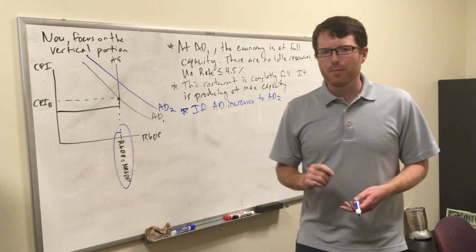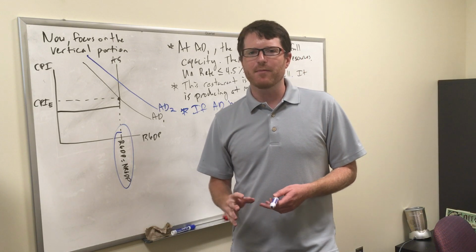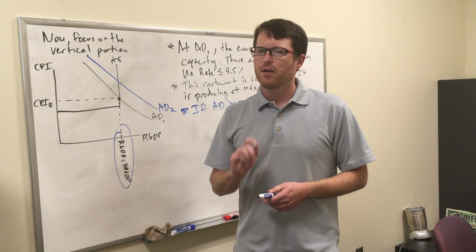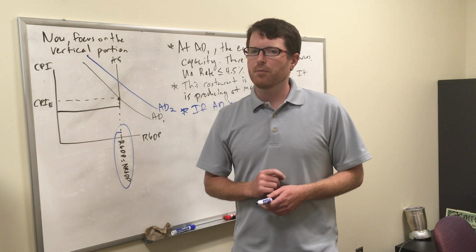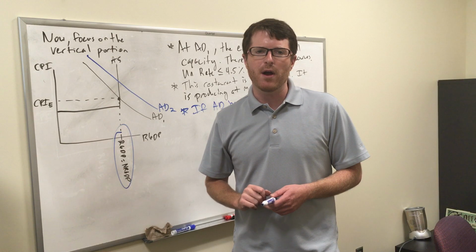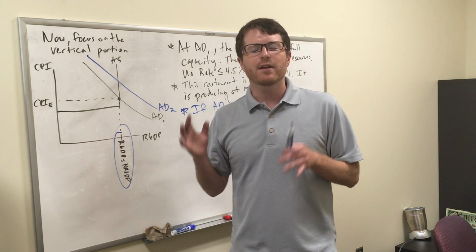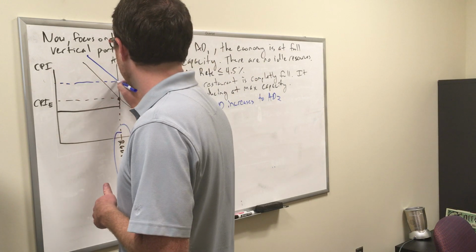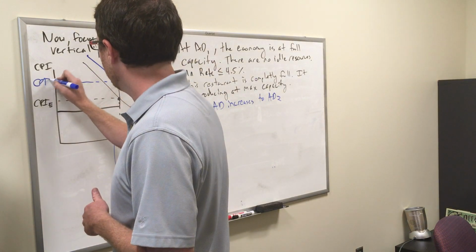So thinking about it from a business, if you're completely packed all the time and then people continue to come into your restaurant, you can't produce any more. But you know what you can do? You can raise the price. After all, if you have a line of people out the door wanting to consume your products, you can raise your price and still be at max capacity. So that's what this looks like here on our graph.